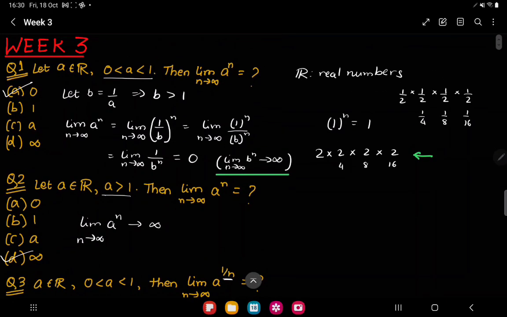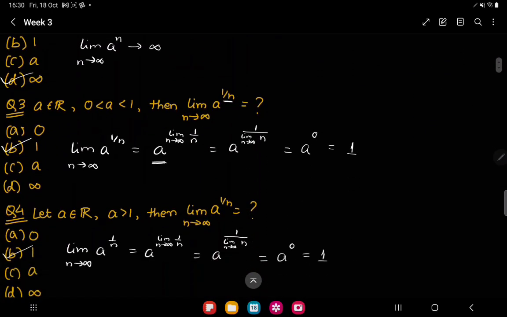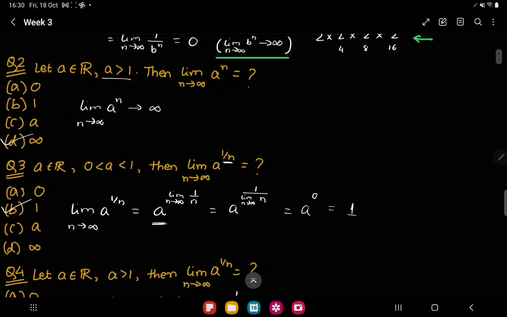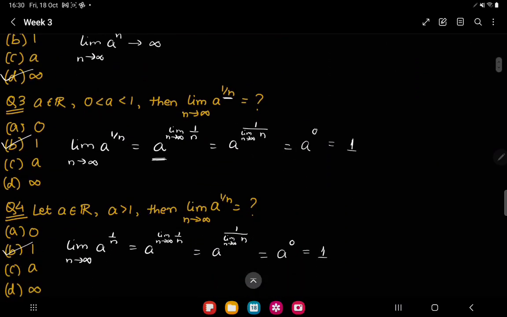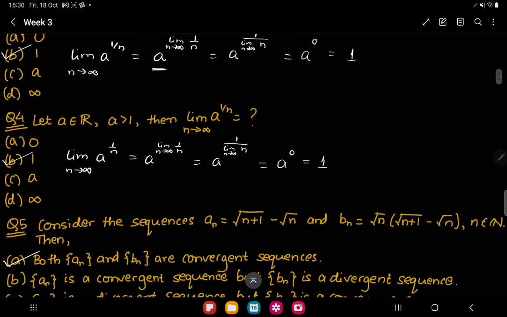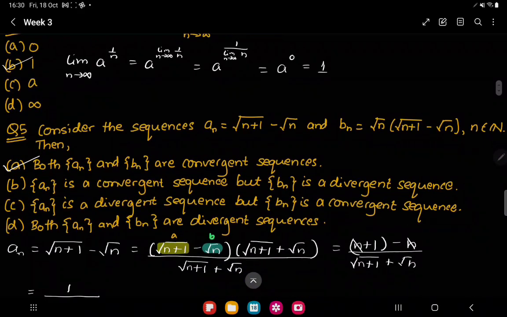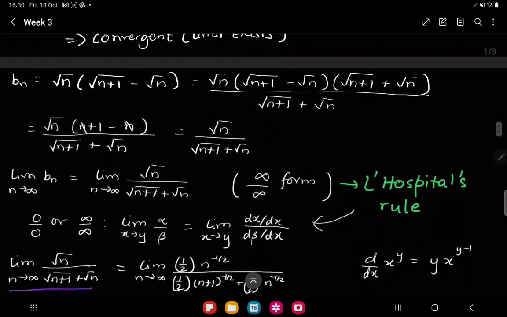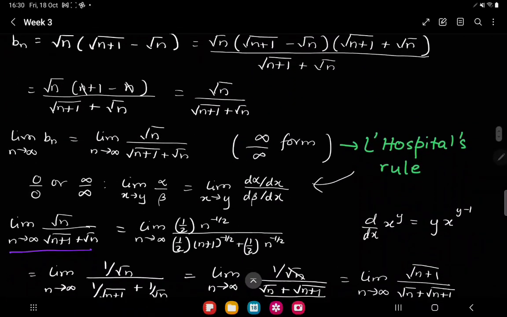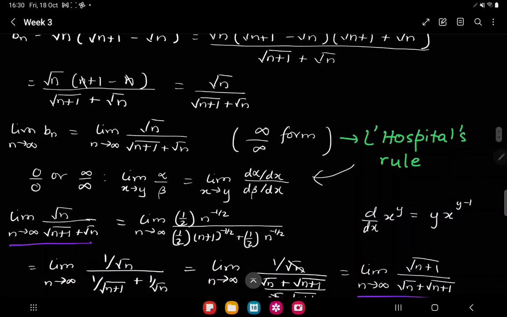This is what we have seen in question number 1. And basically making use of properties of limits. And one important rule for evaluating limits is L'Hopital's rule. It works for either 0 by 0 form or infinity by infinity form.